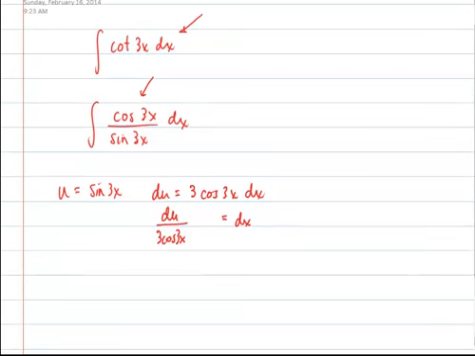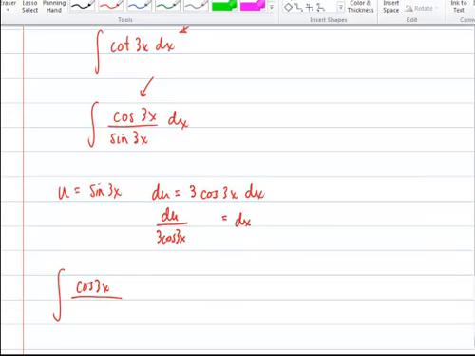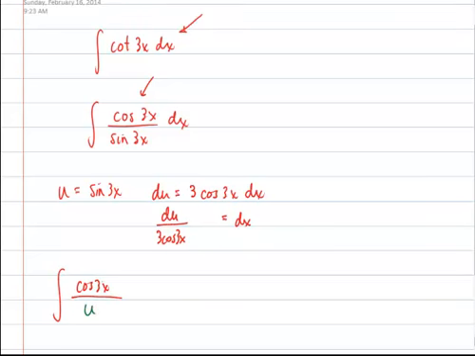And then I proceed along and make my replacements. I have cosine of 3x, which was there before, over u, and my dx term is going to be replaced with du over 3 cosine of 3x, and we see that that cancels with that.